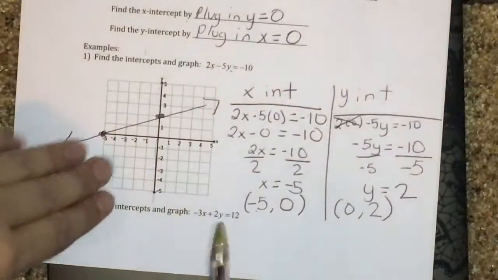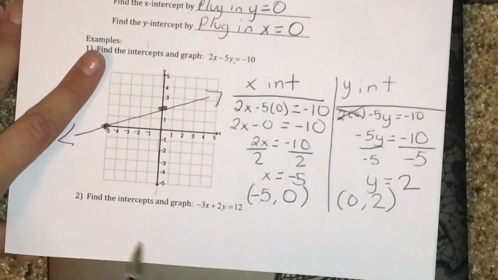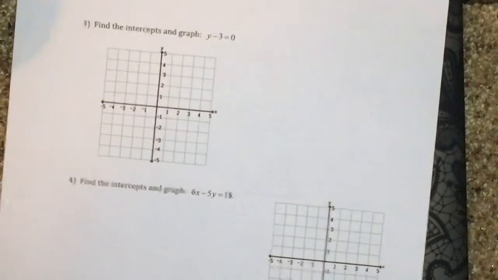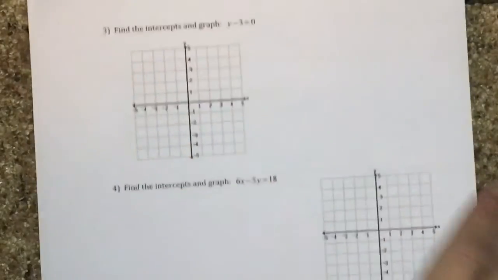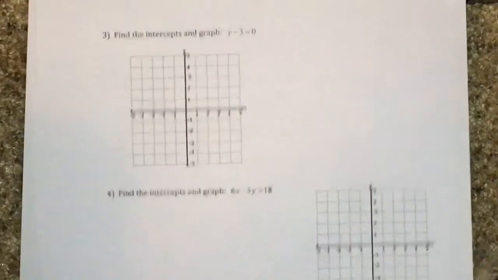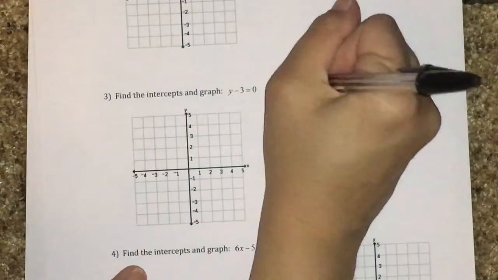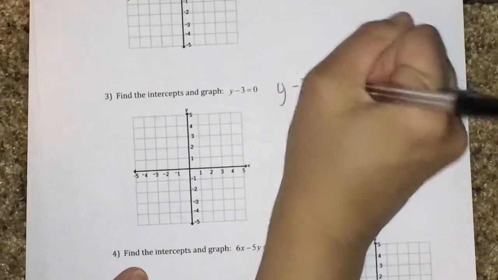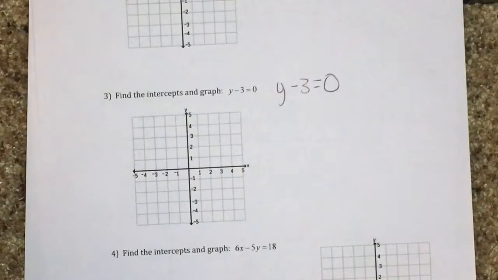So you're going to do the same thing for number 2. Let's go ahead and look at a different example, number 3. Number 3 is special because there are no x's. This is actually one graph where you're going to want to solve for y.